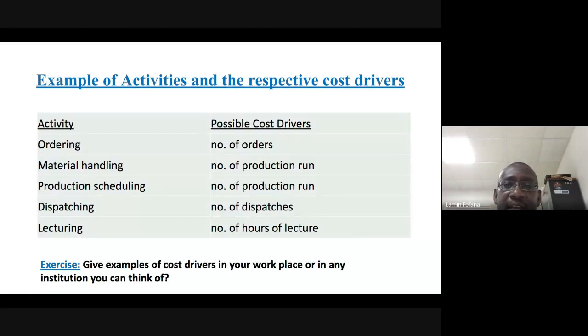Okay, Ndela, you also work at GTSC. Tell us, what are some of the cost drivers that GTSC can use? Number of buses or number of customers. It depends on what they want to apportion.